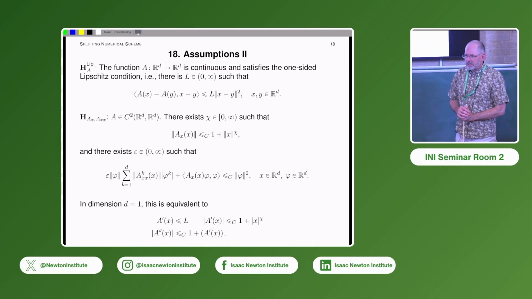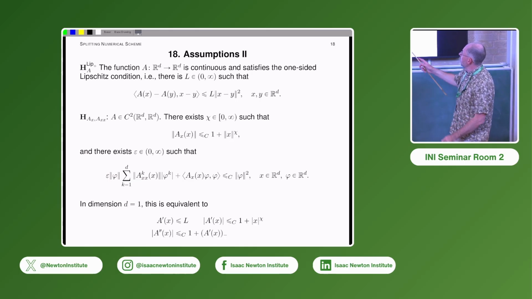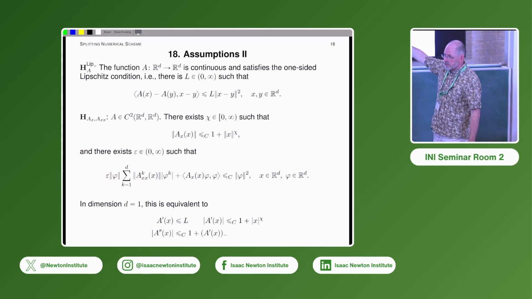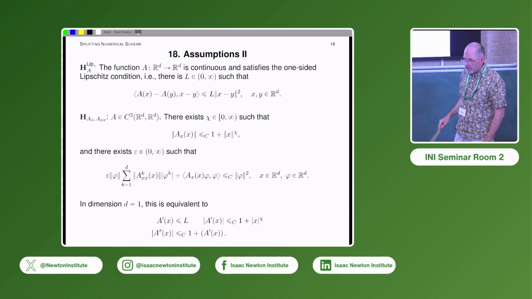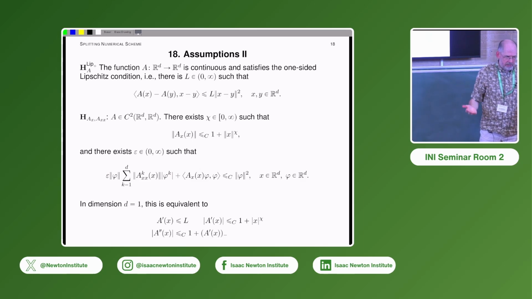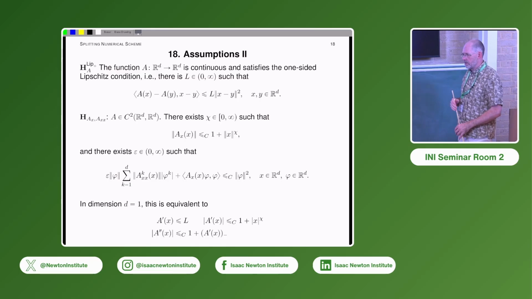In order to prove convergence, this is just unavoidable, that you have to impose the so-called one-sided Lipschitz continuity condition on the dissipative drift. So this is the condition of this type. Of course, each Lipschitz continuous function is also one-sided Lipschitz continuous, but one-sided Lipschitz continuity is a bit more difficult.